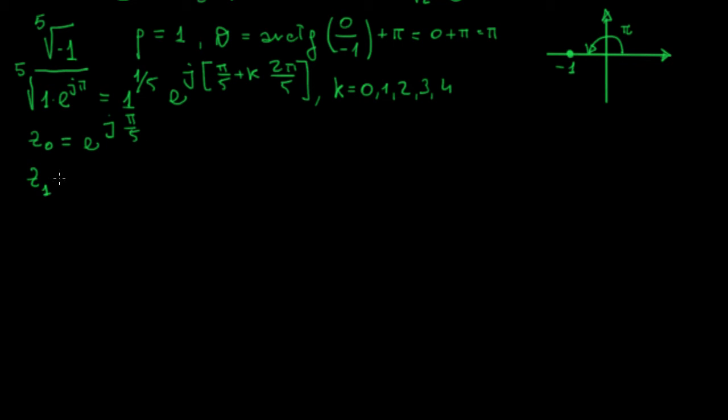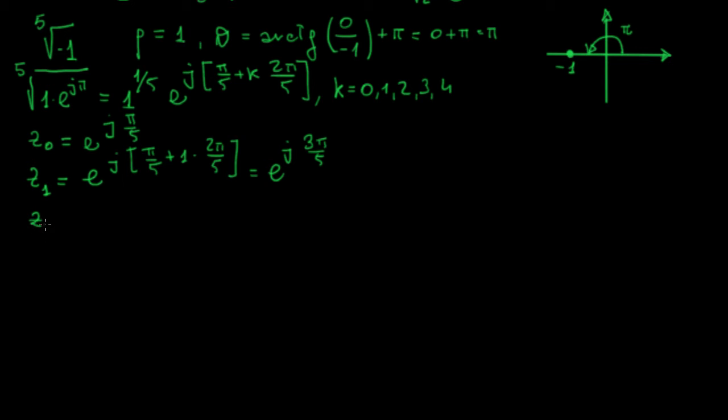Z sub 1 is going to be e raised to j, pi over 5 plus 1 times 2 pi over 5, and this of course is e raised to j 3 pi over 5.